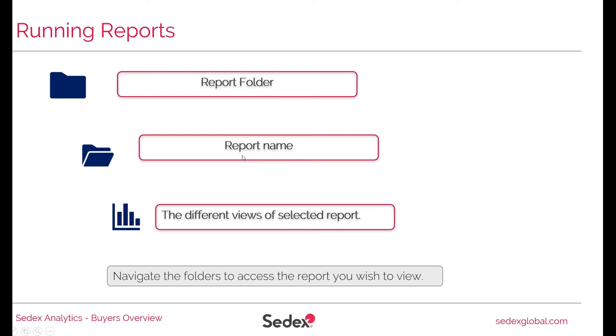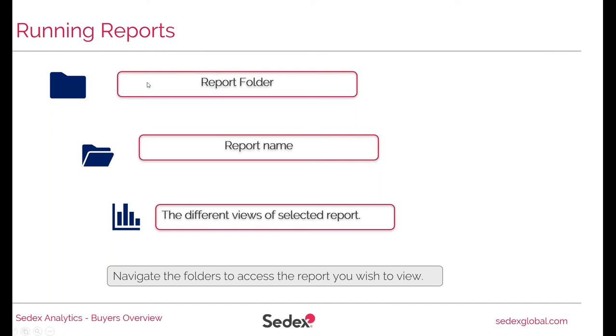It will be the report's name. When I go into the My Supply Chain folder, there's 5 or 6 reports in there. They would all have a subfolder with the report name. You then click that subfolder, and it will show you the different views available for that report. Each report has two different views, which I'll explain very shortly.